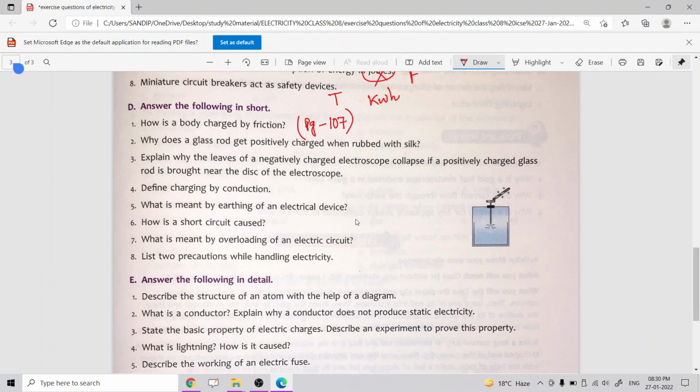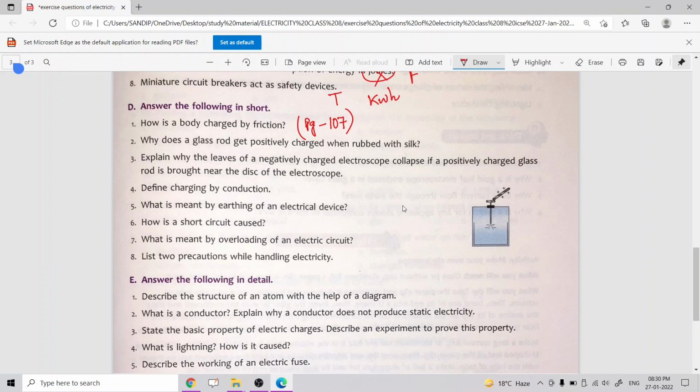Okay, now the next one, why does a glass rod get positively charged when rubbed with silk? This is also the same thing. Actually, when you use a glass rod and you take another silk, then some electrons from the glass rod are moved to the silk.